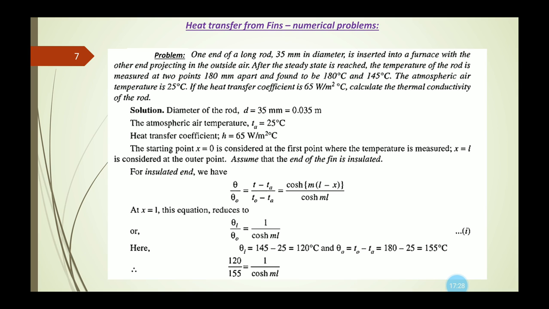Now the starting point at x equals 0 is considered as the first point where the temperature is measured. x equals L is considered at the outer point. We need to assume that the end of the fin is insulated here. For this insulated end, the formula known to us is theta by theta naught equals T minus T a divided by T naught minus T a, which is the ratio of cosh m(L minus x) divided by cosh mL.